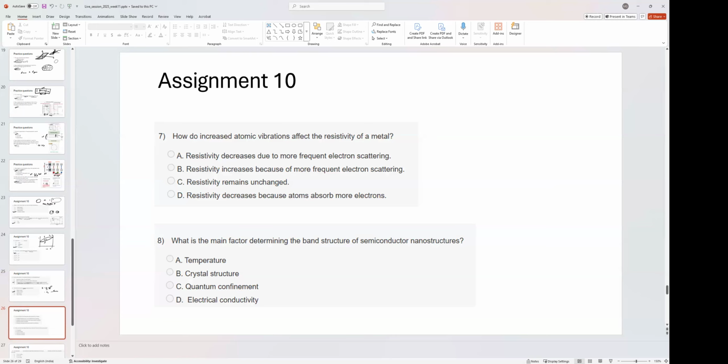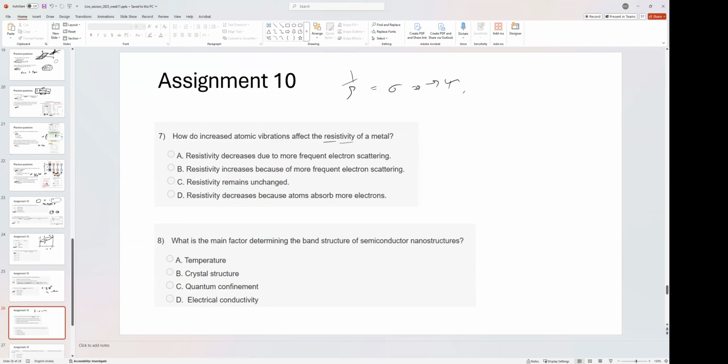How does increasing atomic vibration affect the resistivity of the cell? Your resistivity is the inverse of conductivity, sigma. So sigma is 1 by rho. It depends on two things. First is your relaxation time, tau.